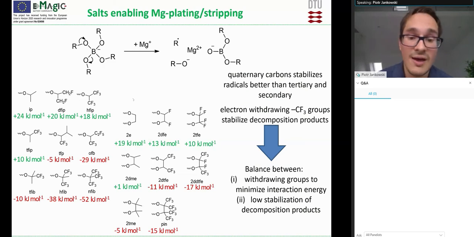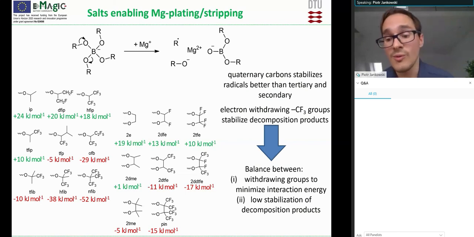And if we have a lot of withdrawing groups like CF3, we will have stabilization of this species. All of these effects move the reaction in this way, making it easier to break the structure. So when we design an anion, we need to find a balance between this withdrawing of the electrons, because we want to have low dissociation energy, and not too much withdrawing, because we will lower the stability.